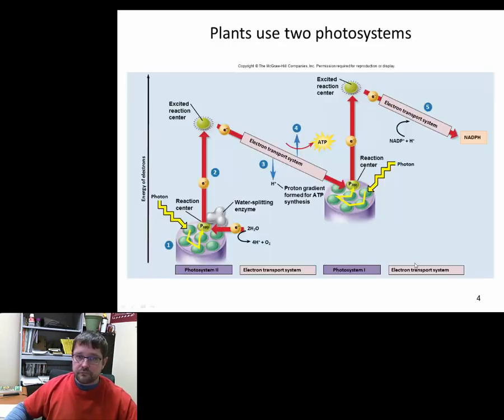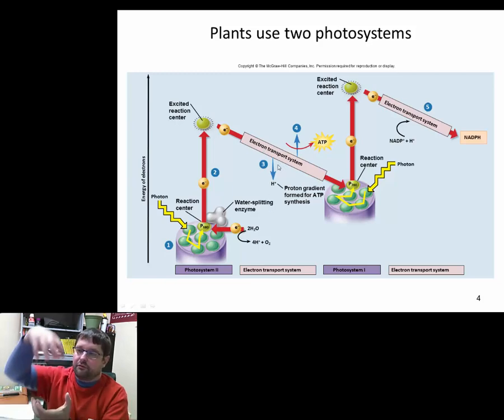Okay. So here's basically a diagram of exactly what I was just talking about. So photon comes in, resonant energy, excites the electron on the P680 site. The electron moves to an electron carrier, we'll talk about them in a little bit, and then moves down the electron transport system, which is just a protein that allows for a proton gradient to form.